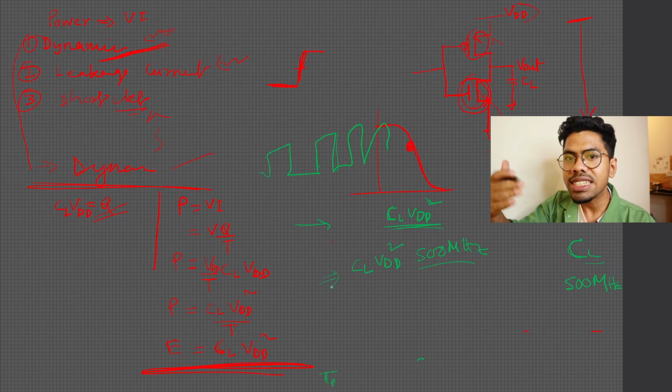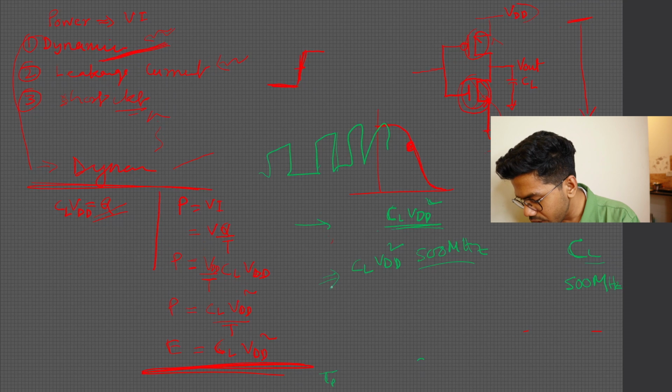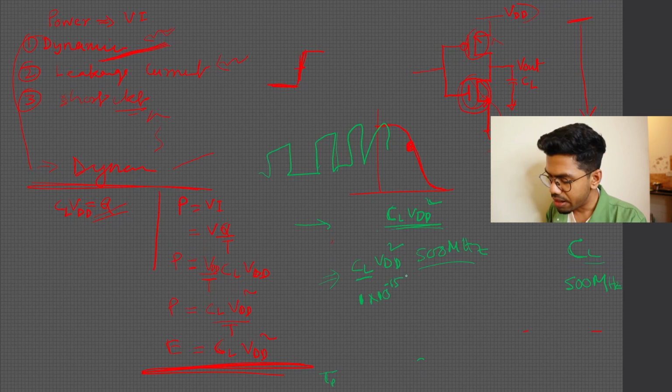How much power? Let's get some numbers. For example, if we have a CL of 1 femtofarad, and that is a perfect number actually, and let us use a 2.5 VDD, so 2.5 into 2.5, and also your 500 megahertz. Let's calculate it.